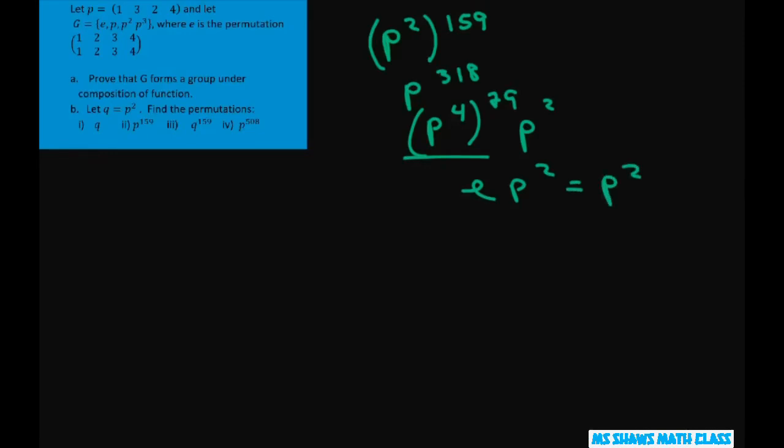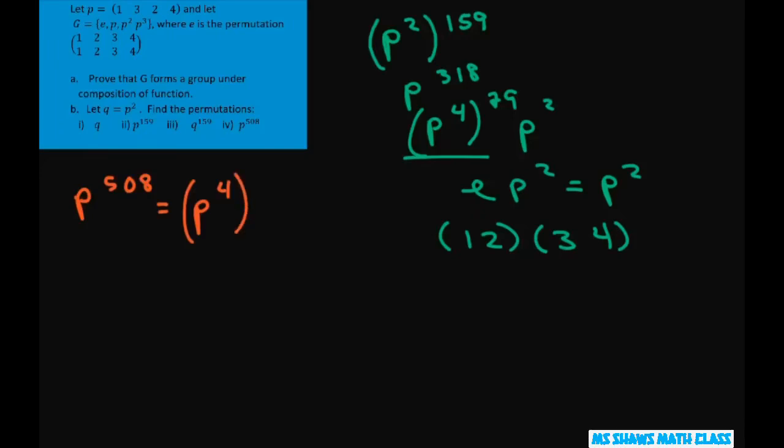And we already did that one, and that was (1 2)(3 4). And the final one is P to the 508. So that's going to be P to the 4th to the 127th, which equals E to the 127th, which equals E. And that's it. Thank you. Have a nice day. Bye-bye.